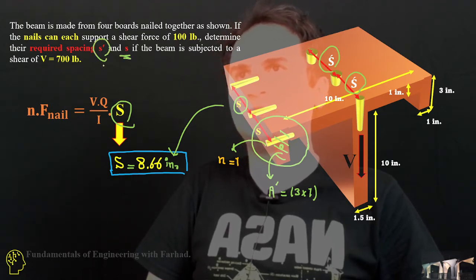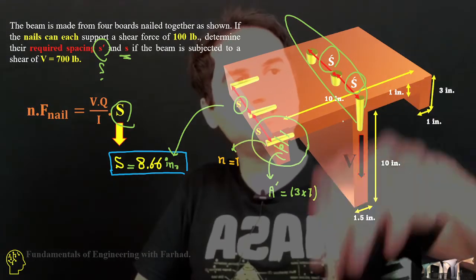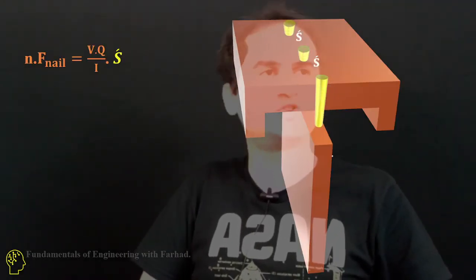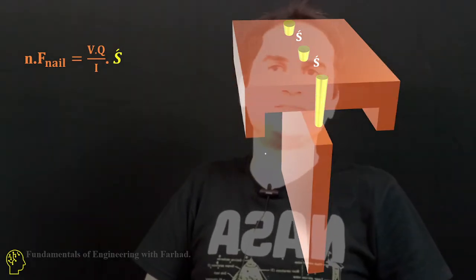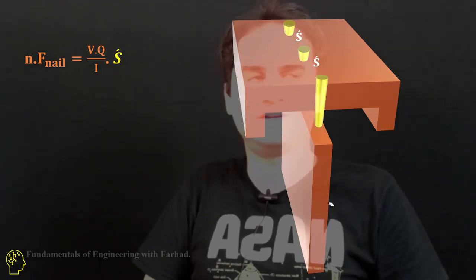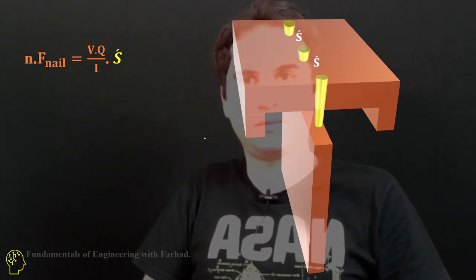Now we want to know what is S prime for the connection of a flange to the web itself. So let's see. If you take, for example, one of those nails, the web just drops down. So that's how we can see the effect of the attachment by nailing.